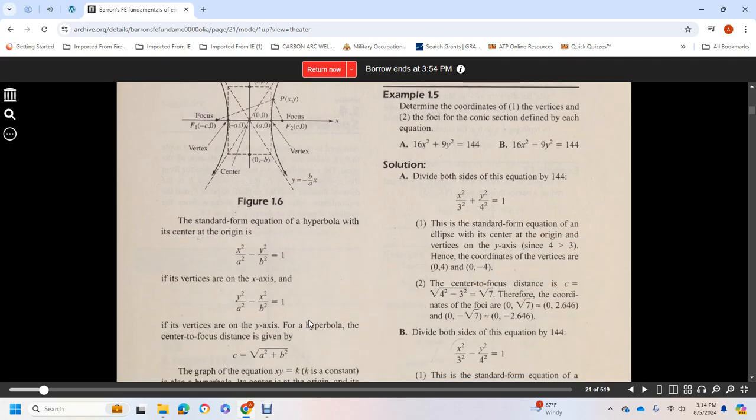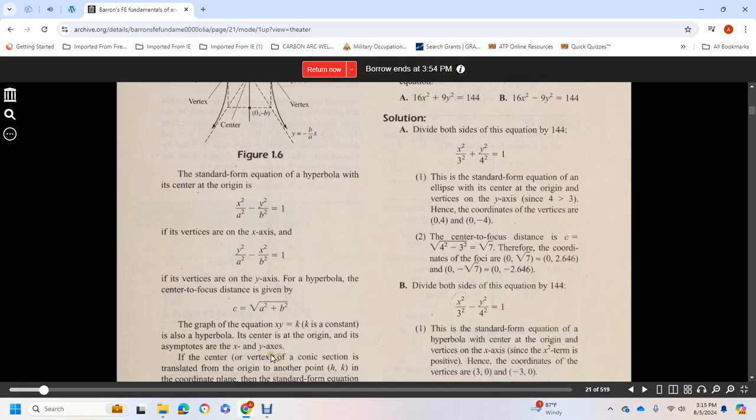The standard form equation of a hyperbola with its center at the origin and vertices on the x-axis is x squared over a squared minus y squared over b squared equals 1. With vertices on the y-axis, it is y squared over a squared minus x squared over b squared equals 1. The center-to-focus distance is given as c equals the square root of a squared plus b squared.